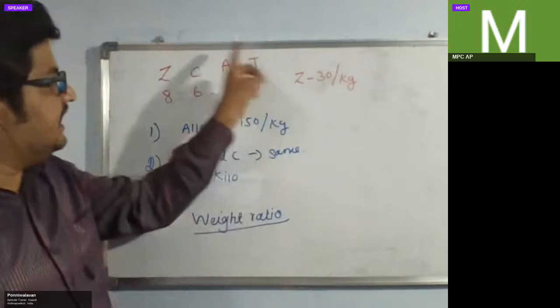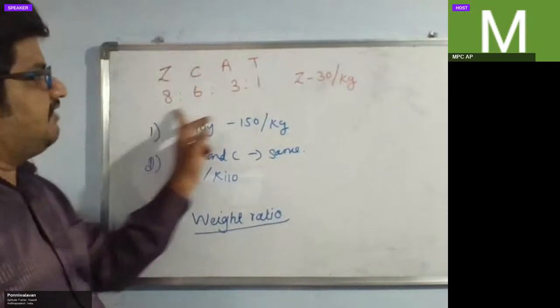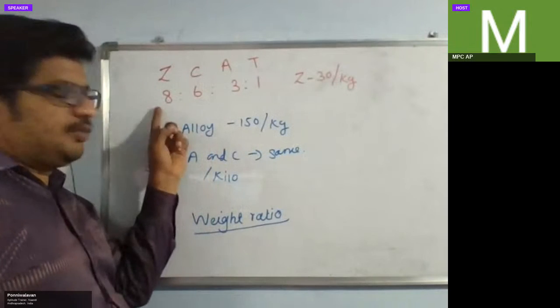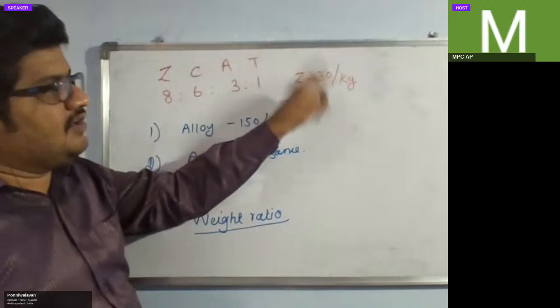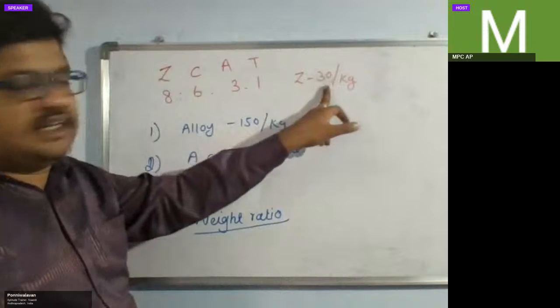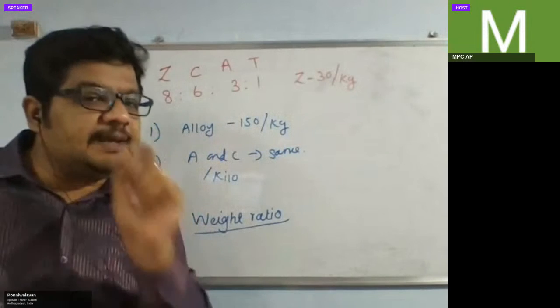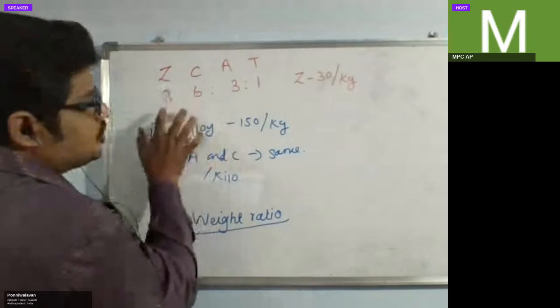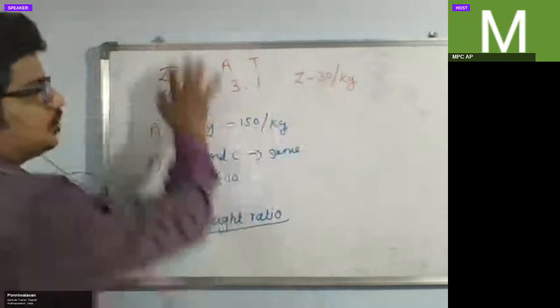Suppose they had given the zinc value as 30 rupees, now we could find the amount. But they are telling us it is 30 per kilogram. Only if you know how many kgs were used can we find the total worth.